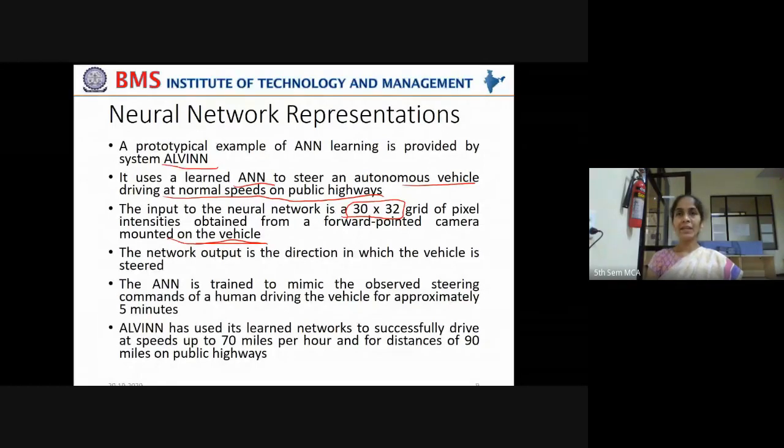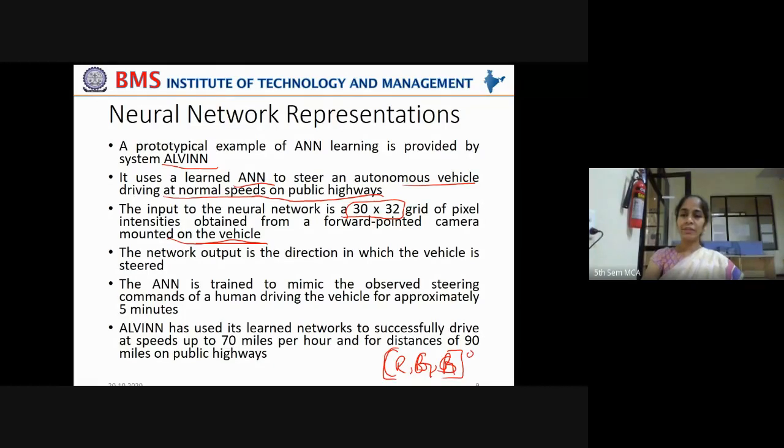And that is again in the form of an image. It's in the form of not a static image, but a moving image, right? And an image is always represented in the form of pixels, you know that. And if it is a color image, you have the pixel values as RGB.